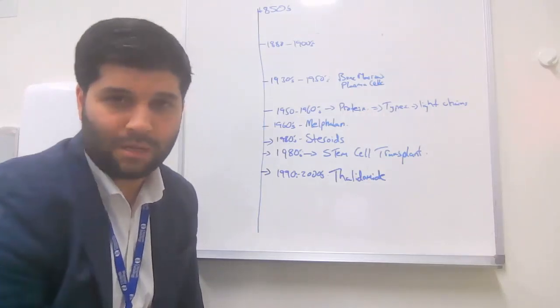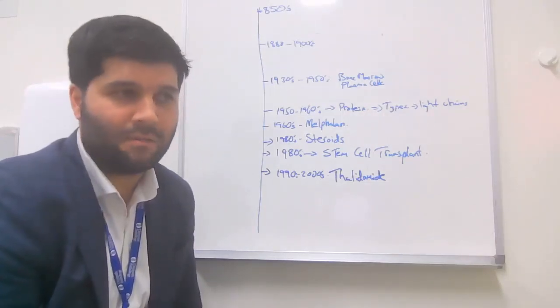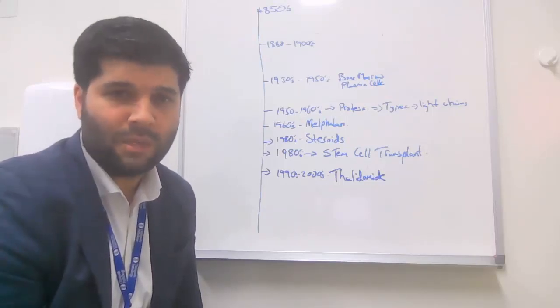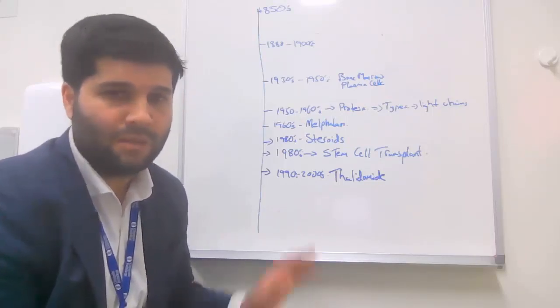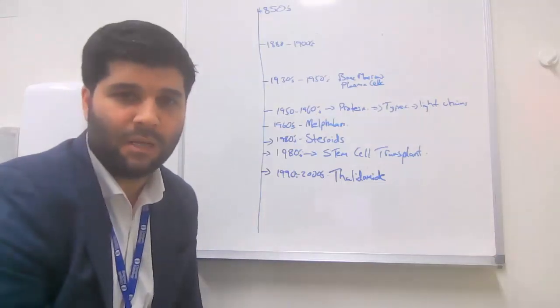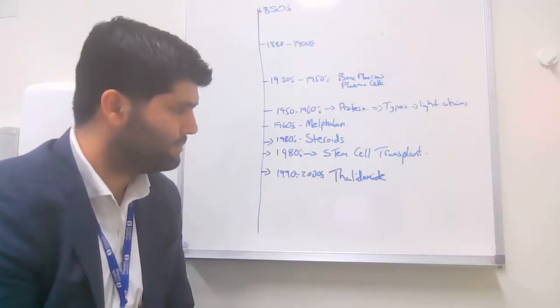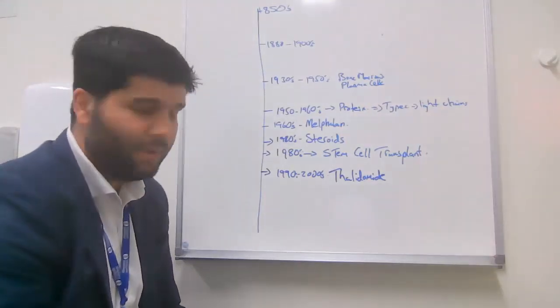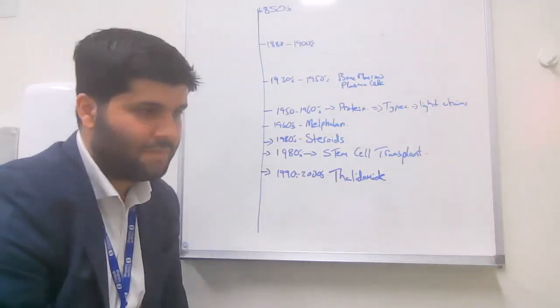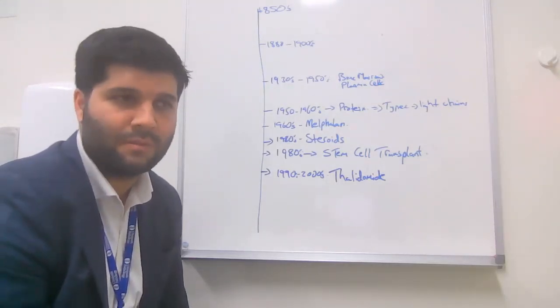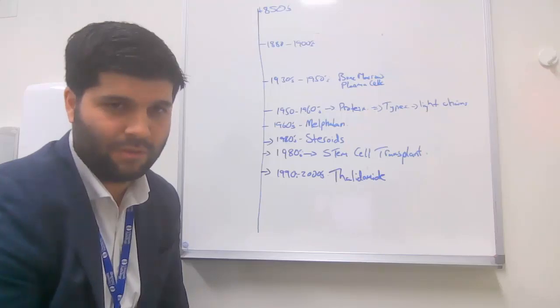And that was groundbreaking. There hadn't really been any other form of treatment that had worked so well for patients with multiple myeloma until the discovery of thalidomide, like I said, in the late 90s and early 2000s. But really, since then, there has been a dramatic improvement in our ability to treat this condition.